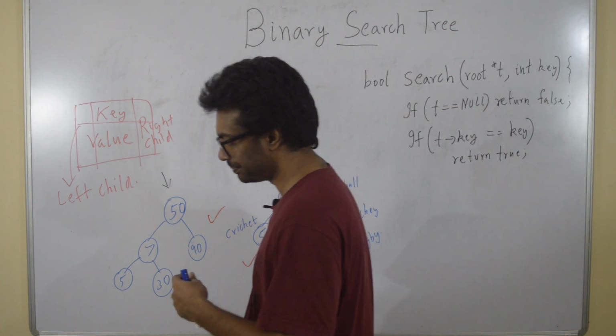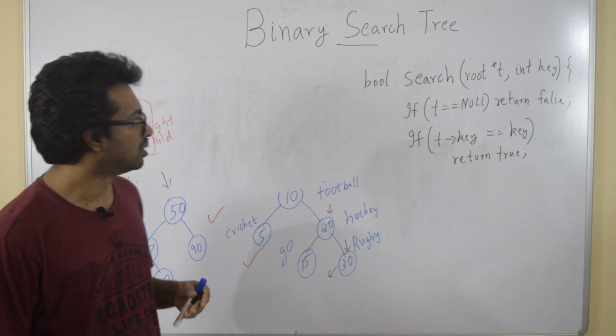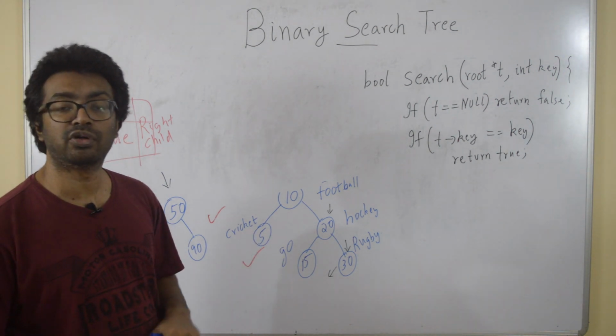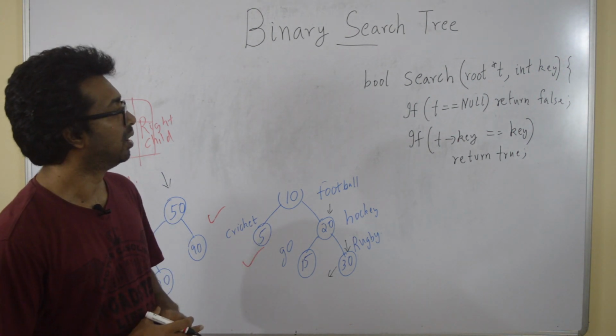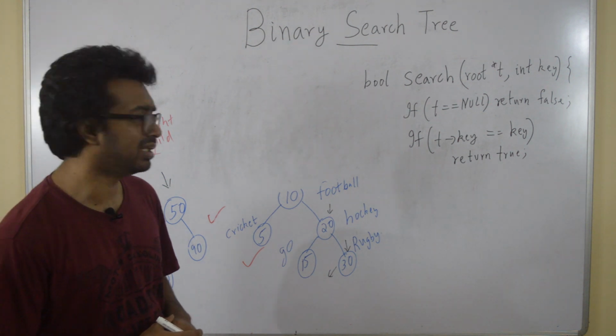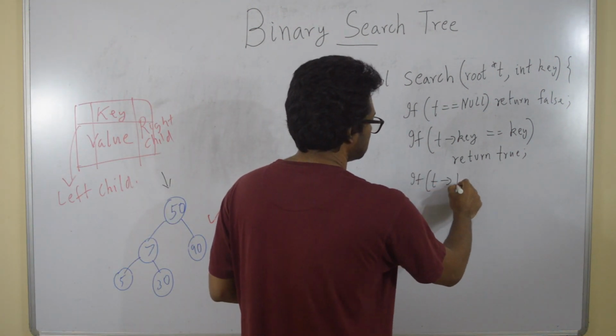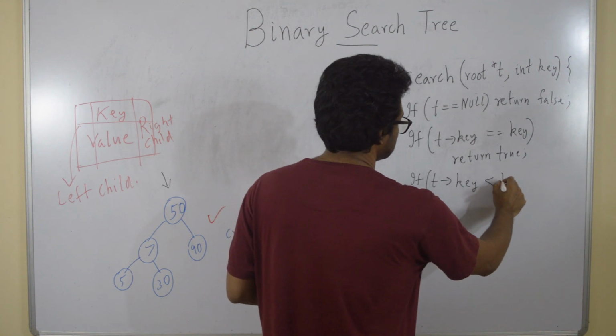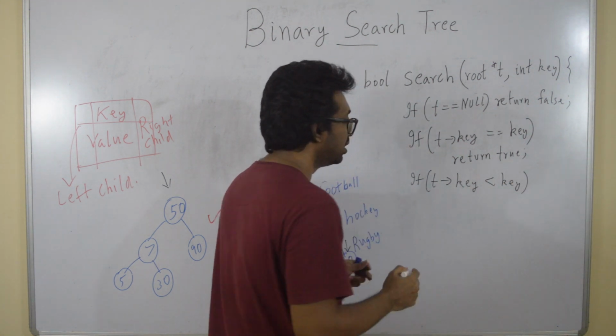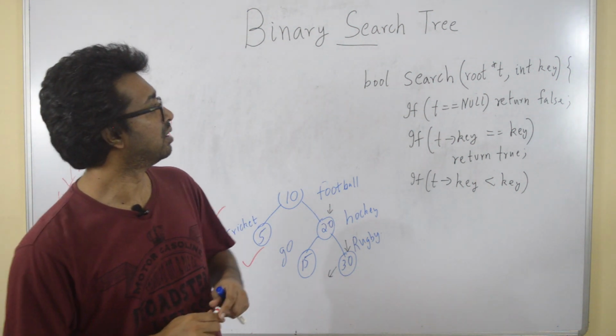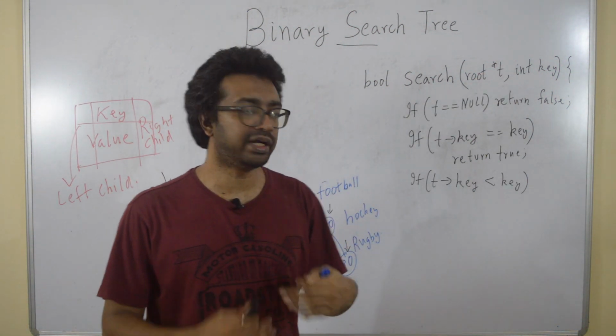Now if it's neither of these, I have to decide whether to go left or right. What should I do if t dot key is less than key? That means the key which is passed is greater than t dot key.